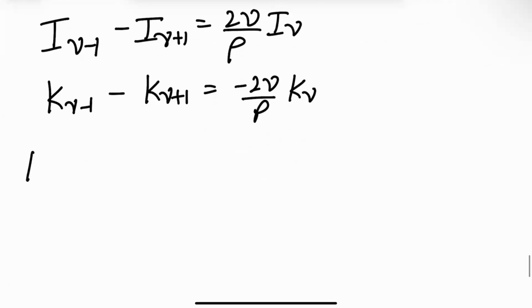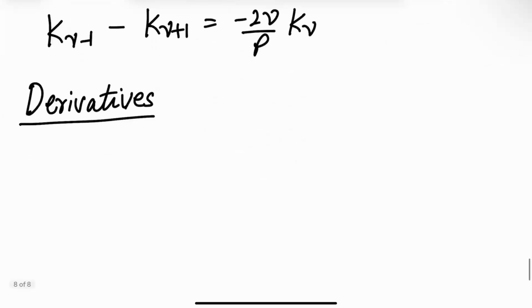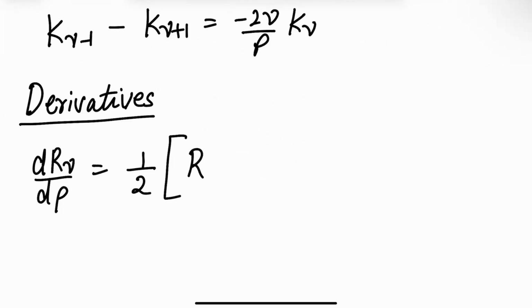Okay. Then there are also very nice derivative properties. So if I take dR/dρ, the derivative with respect to ρ is nothing but (1/2)(R_{ν-1} - R_{ν+1}).